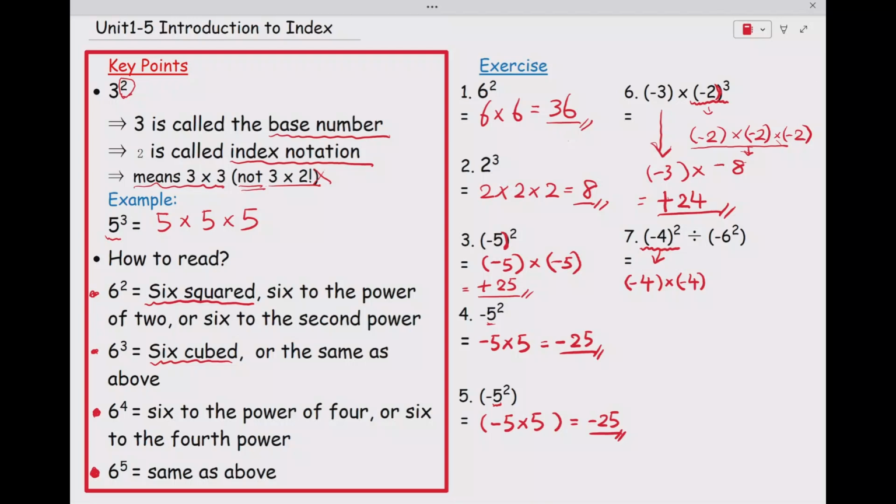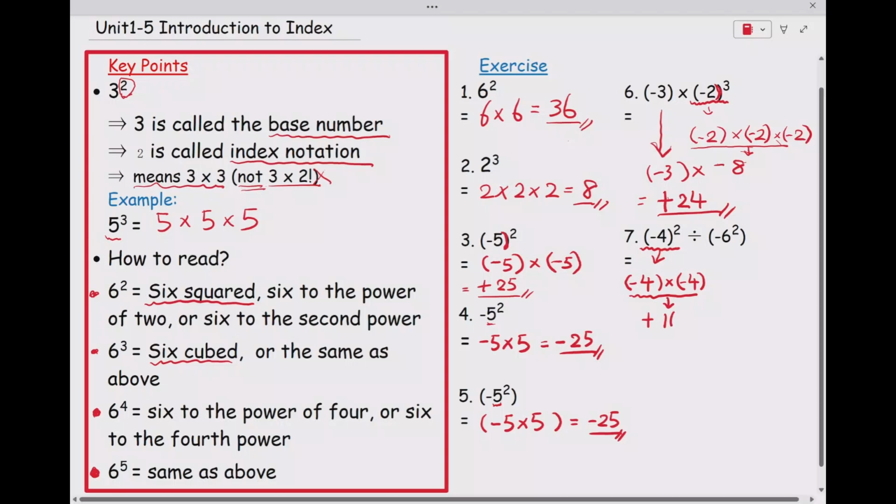First, determine the sign of the answer. That will be positive because minus times minus equals plus. Then, the next is the numbers. 4 times 4 equals 16. And therefore, answer would be plus 16.